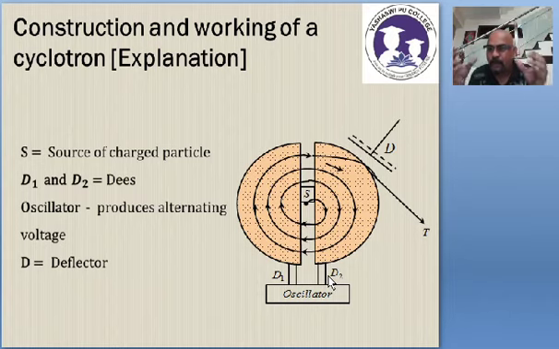Now you will get two pieces, and those two pieces appear in the form of the letter D, correct? These two pieces, the hollow semicircular discs, are called D1 and D2. They are called Ds, D-E-E-S.